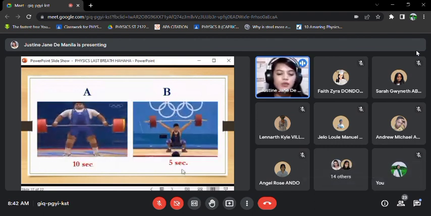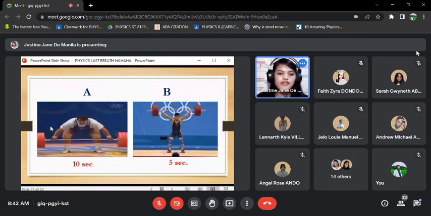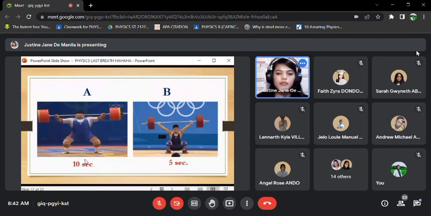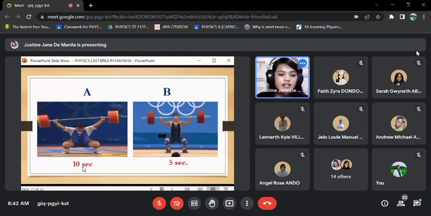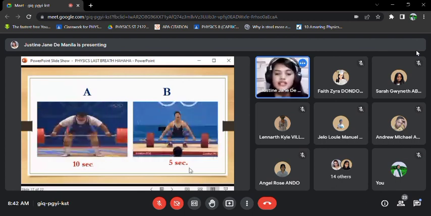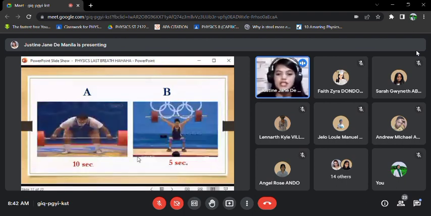So, how about this one? I have here another example. Weightlifter A lifted a barbell in just 10 seconds, and weightlifter B in 5 seconds. So who has a greater power?